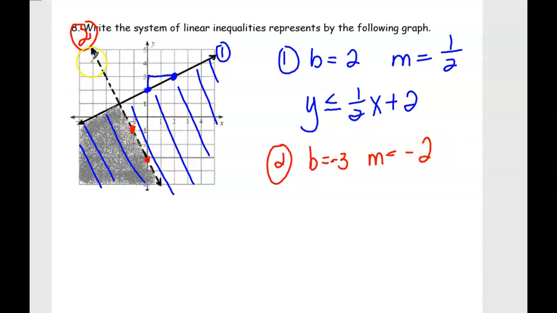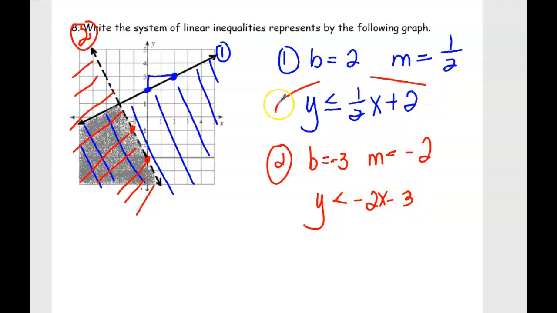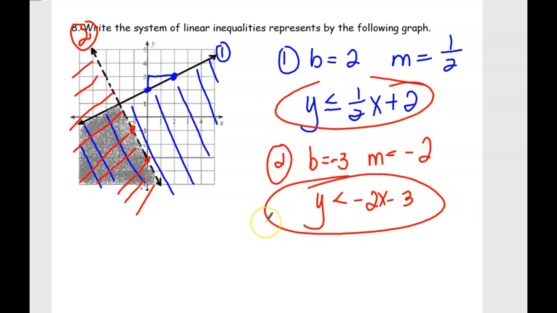In order for that to be the shaded area, we had to shade this way. So we've actually shaded lower than that line. It's dashed, so y is going to be less than -2x minus 3. So these two make up the system.